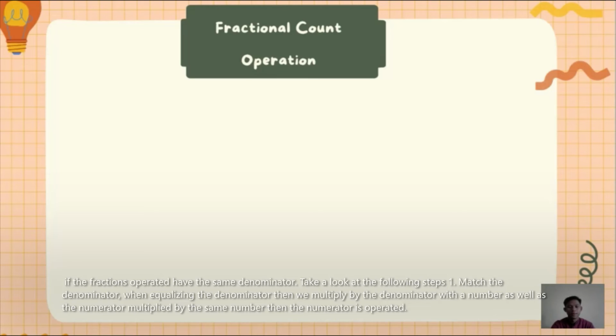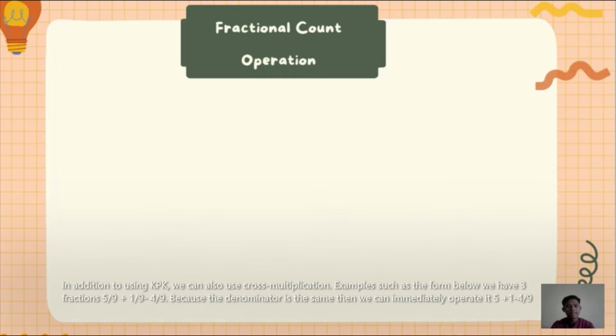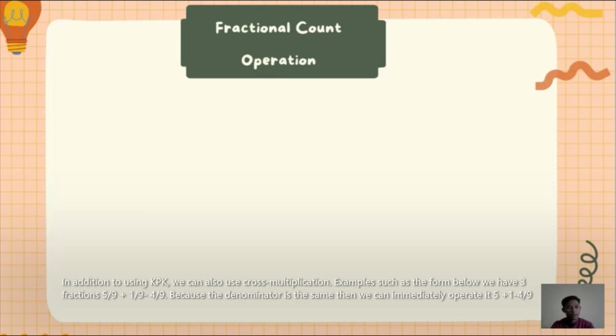Step 1, make the denominators equal. When equalizing the denominator, we multiply the denominator by a number as well as the numerator, multiplied by the same number. Then the numerators are operated. In addition to using LCM, we can also use cross multiplication.